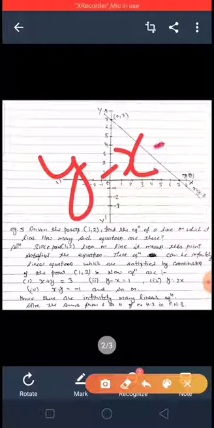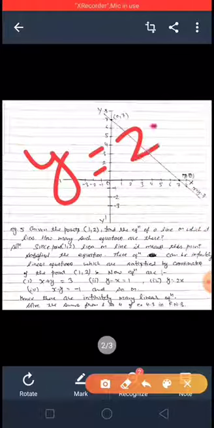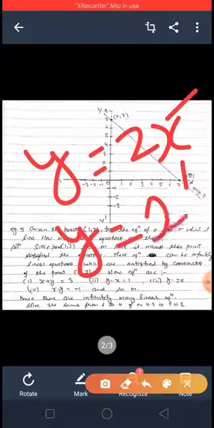Like the second is y minus x is equal to 1. Like y is 2 and x is 1, 2 minus 1 is 1. This is another type of linear equation. Now the third is y is equal to 2x. When you put x is equal to 1, you get y is equal to 2.